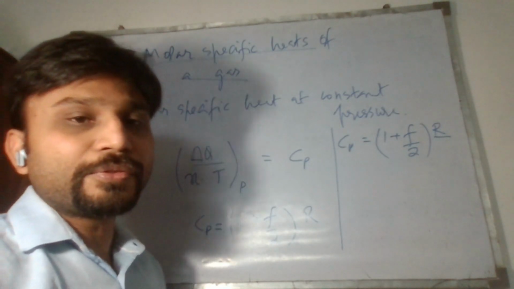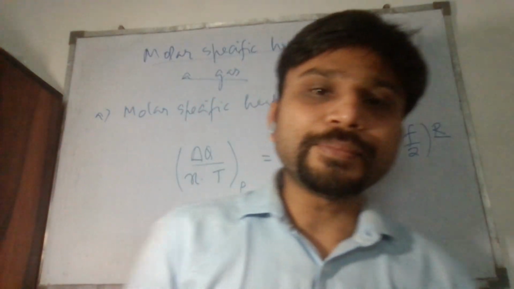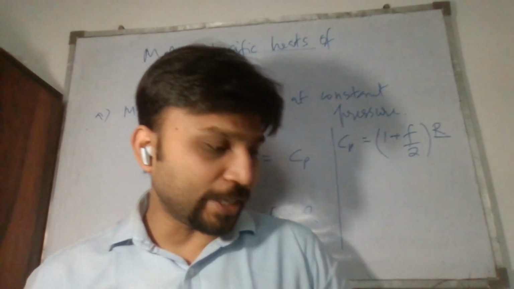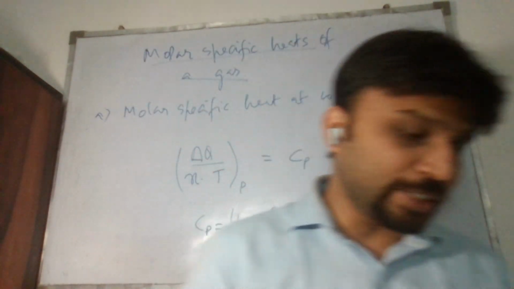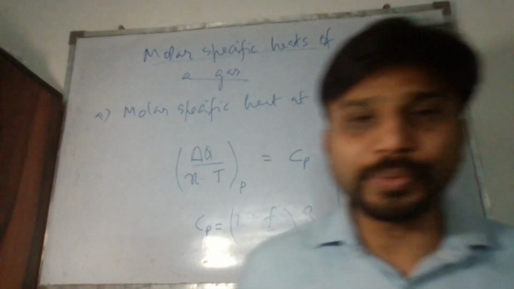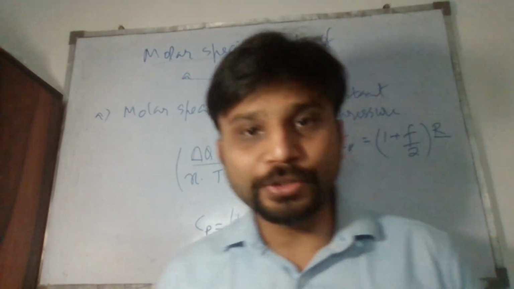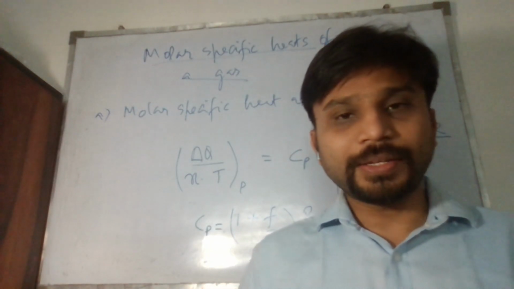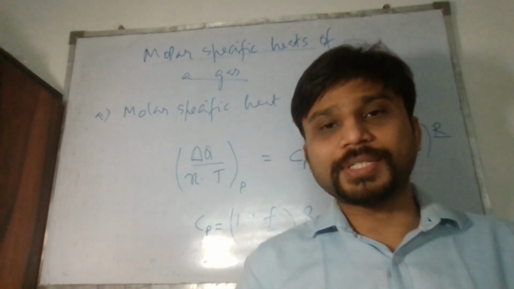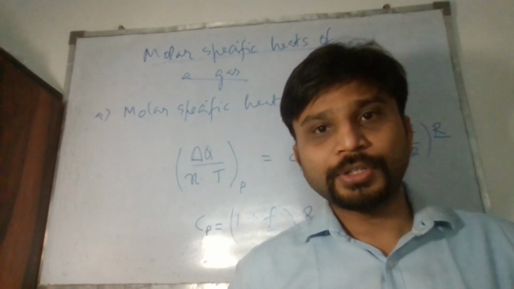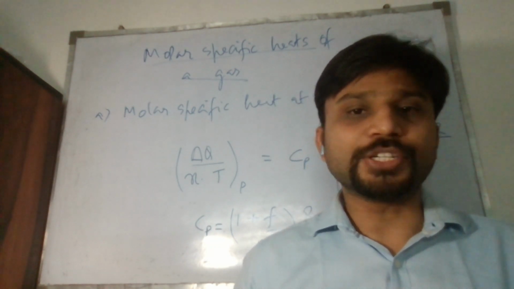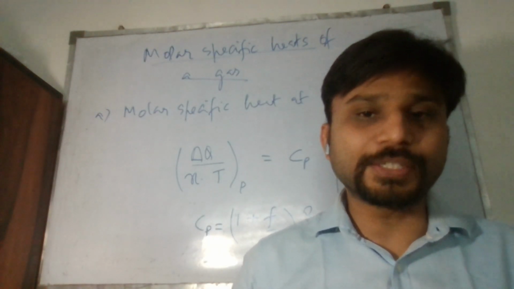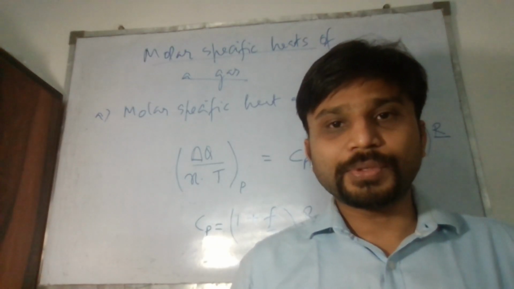So F is degrees of freedom. Degrees of freedom means the directions in which the gas can acquire energy. Although energy does not have any direction per se, I'm speaking of degrees of freedom. When a gas starts moving, it has velocities in the x, y, and z directions. So it will have kinetic energy half m vx squared plus half m vy squared and half m vz squared.